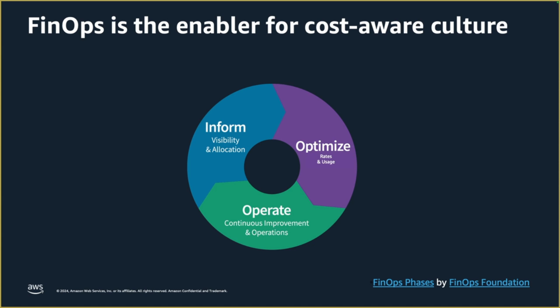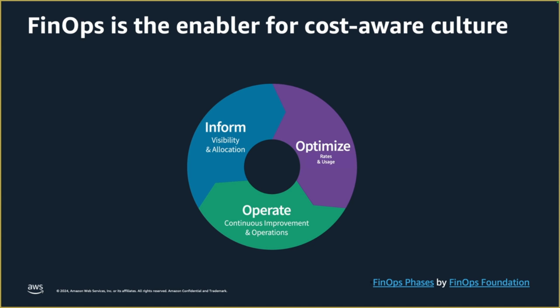So the idea is that once you optimize something, always think about bringing this into your operational runbooks, into your operations. If you use infrastructure as code, make sure that your infrastructure as code templates are updated according to your best practices. And then you go to the next level. You don't stop on this. You go to the next circle.